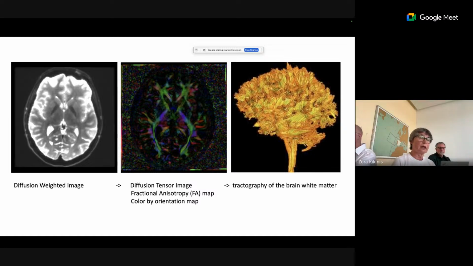Once the image has been processed and the diffusion tensor has been calculated and the fractional anisotropy map has been made, it starts looking nice, especially when color by orientation is added to it. Then we can read that some of the tracks that are in blue go up and down, those in green go back and forth, and those in red go right and left.